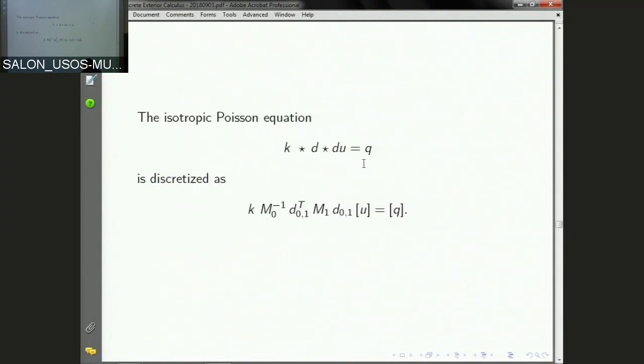Here I have put a constant k, the diffusion constant, but just leave it aside. The Laplacian, the way I write it, and q. Well, for DEC there is the discretization of the functions u and q, and then you have the matrices of the corresponding derivatives. I explained this matrix.